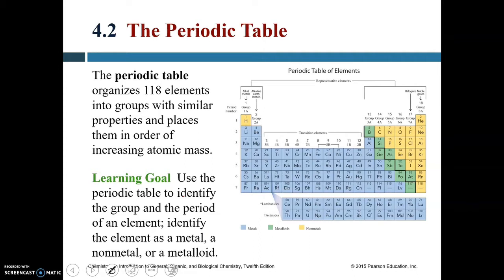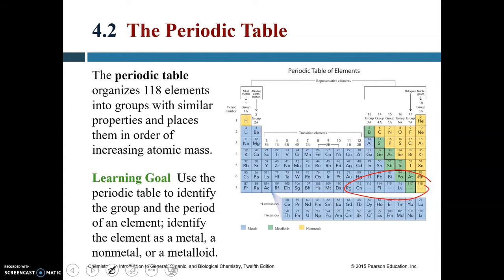So elements are organized in the periodic table, which organizes 118 known elements. You can see that some of them don't even have a name. And the principle of organization for elements is that they are placed in the order of increasing atomic mass and increasing atomic number.